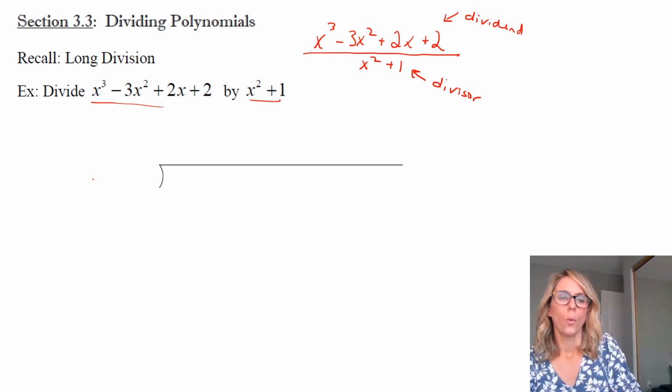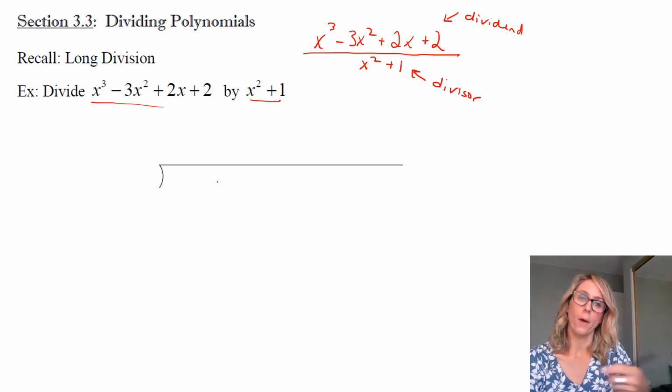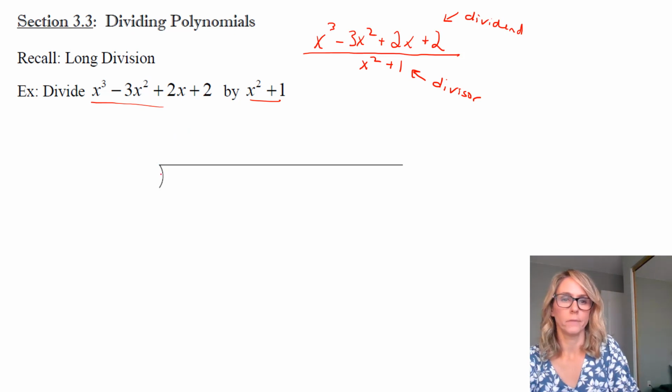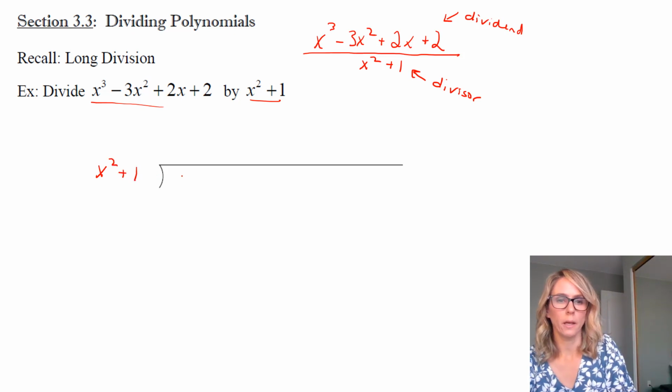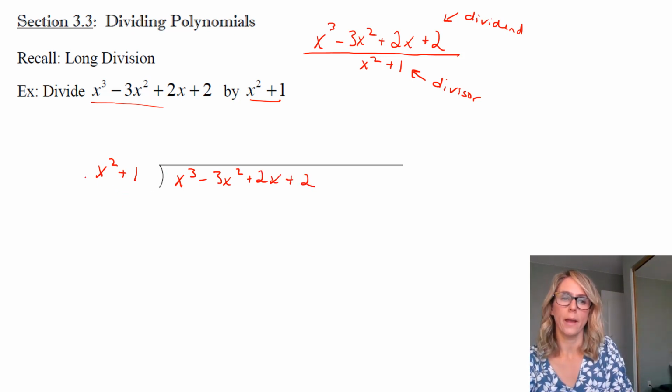Now, what that looks like with our division symbol is that we're taking the x cubed minus 3x squared plus 2x plus 2, and we're dividing it by x squared plus 1. So the first thing we ask ourselves is, what times x squared will give us x cubed?